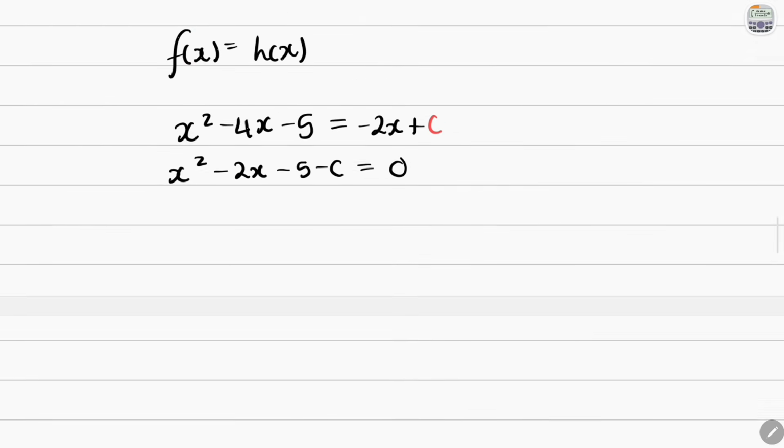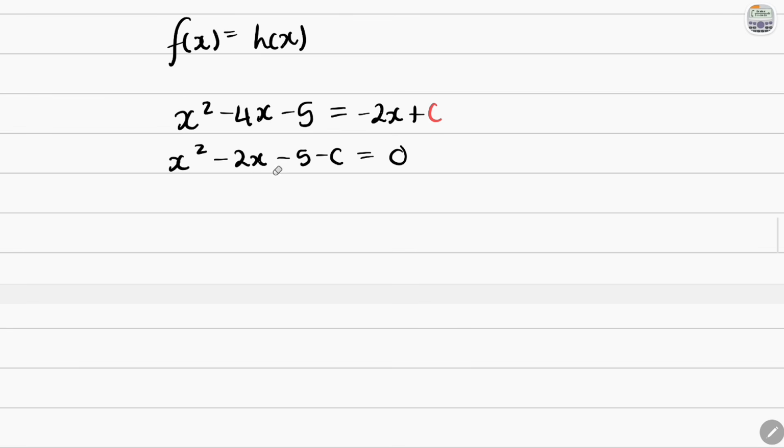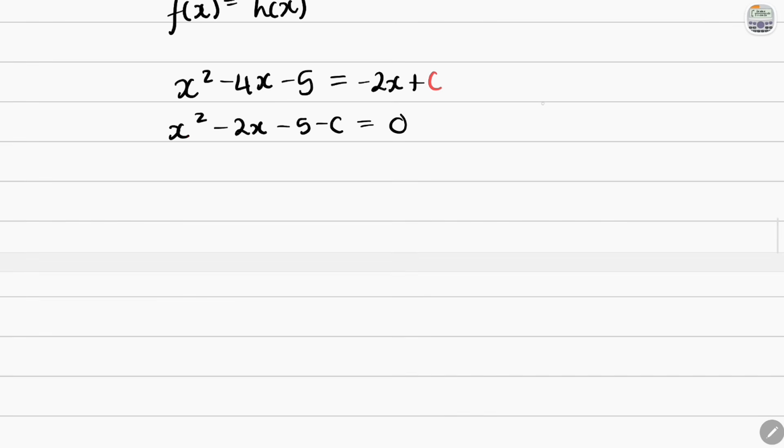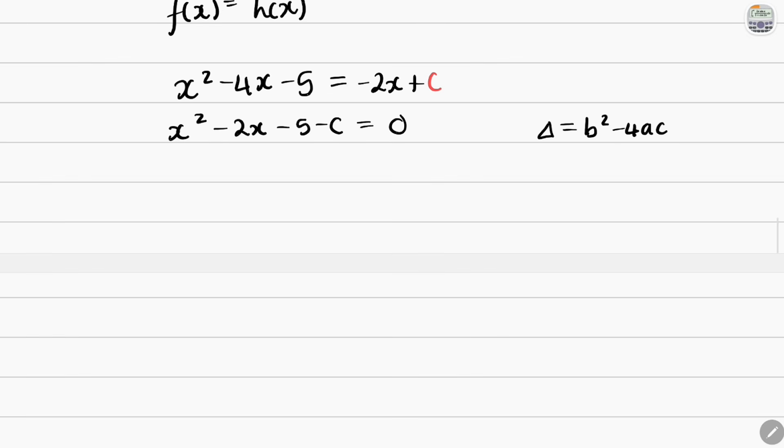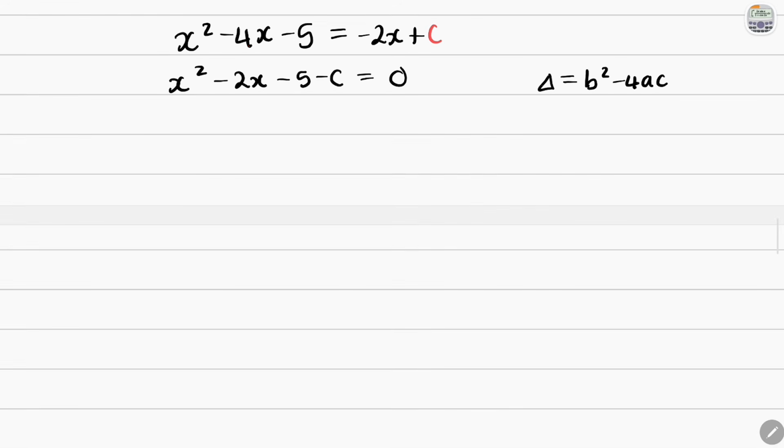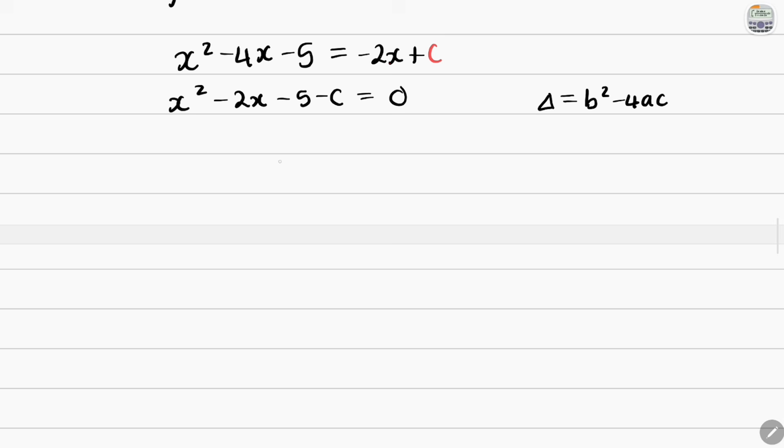And so in order to make sure that that happens, this is our equation now. We're going to control this using the discriminant. So the discriminant delta equals b squared minus 4ac, right? This is the part of the quadratic formula that tells you the nature of your roots. So we're going to simply ensure that delta is equal to 0.